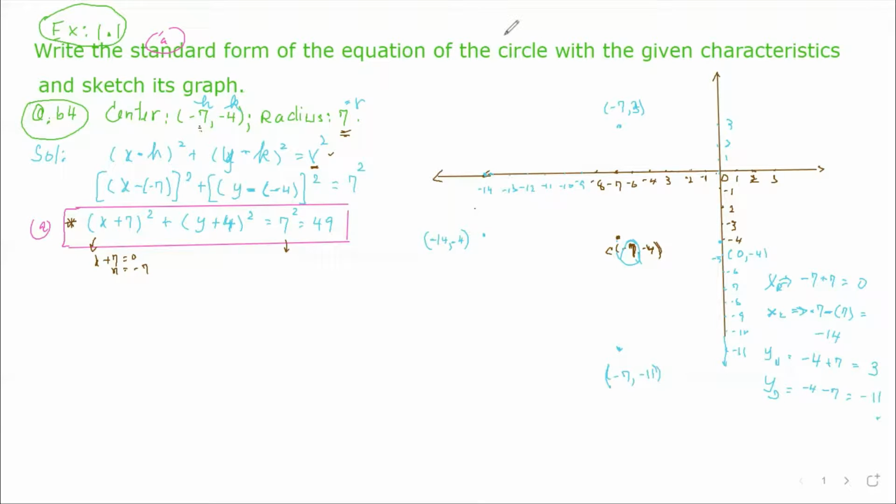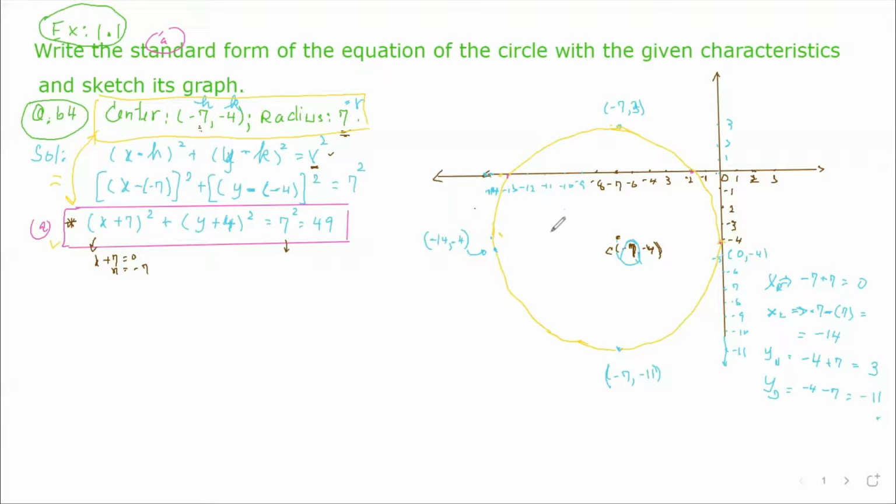Maybe I use another. Now if you want to find the intercept right here, okay? So take a look, where is the intercept right here, right? Right, and these 3 points. So that means this graph, this circle, has an x-intercept and a y-intercept.